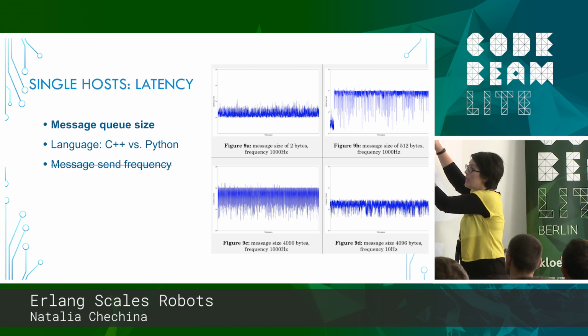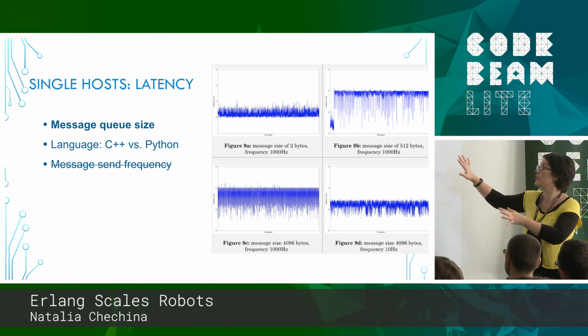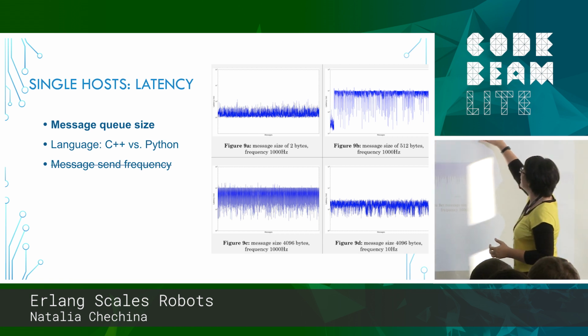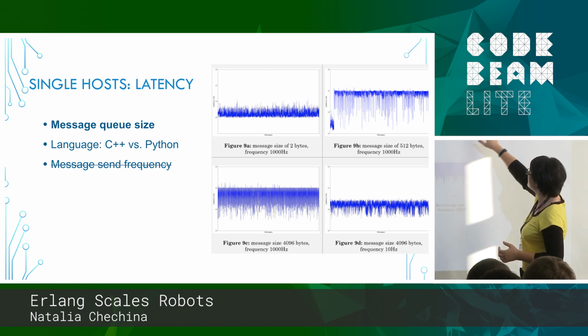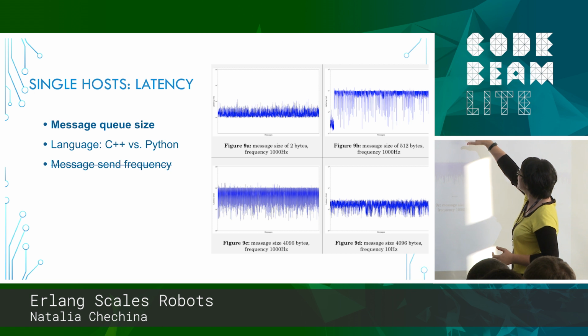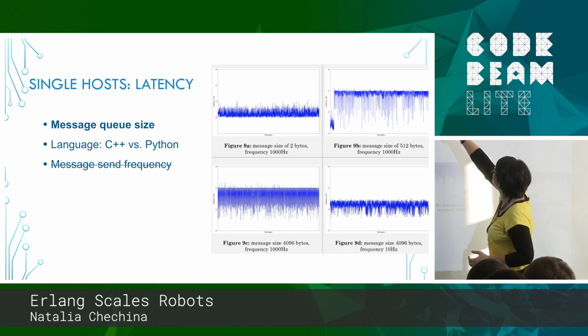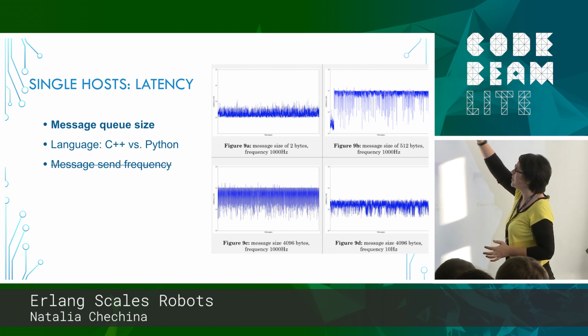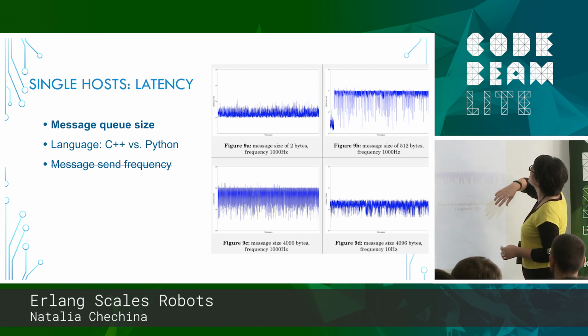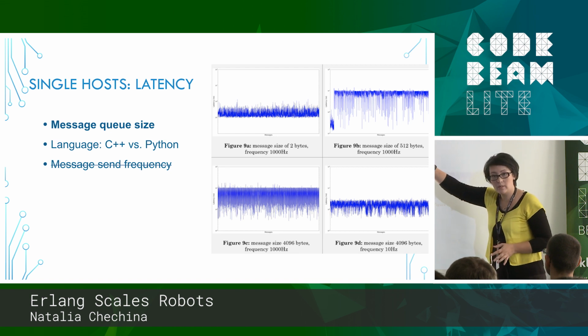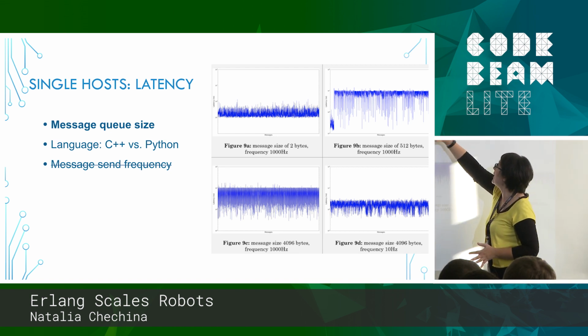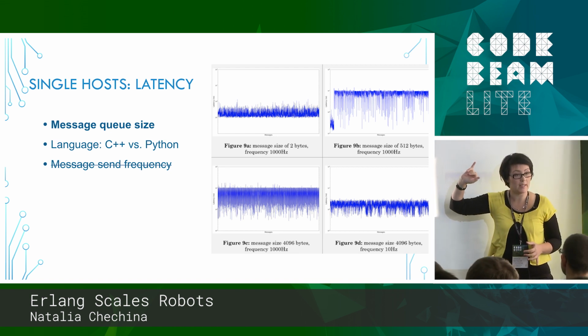So we're looking at message queue size, at what's going on here, right? Here we have messages, so they're just messages we send, and here we have the latency. These are in nanoseconds, but it's sort of microseconds. Sorry, you can't see it properly. But anyway, what's going on here is that we have quite small messages, only 2 bytes.